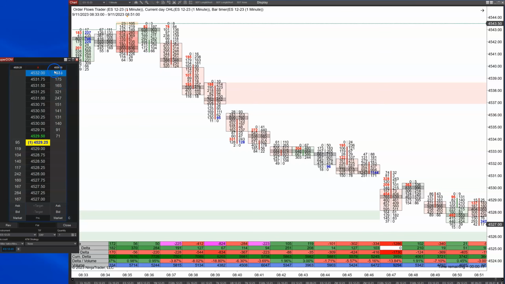All right, so hopefully you can see this dome here on the left-hand side. And this is the E-minis. So right in the middle is the last traded price. Then you have volume on the right-hand side and volume on the left-hand side.